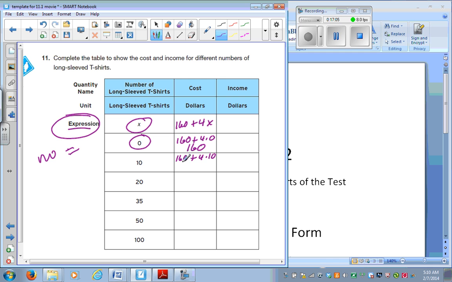So 4 times 10 would be 40 plus 160. It cost us $200. If we buy 20 t-shirts, it would be that $160 setup fee plus 20 times 4. 20 times 4 is 80 plus 160 is 360.